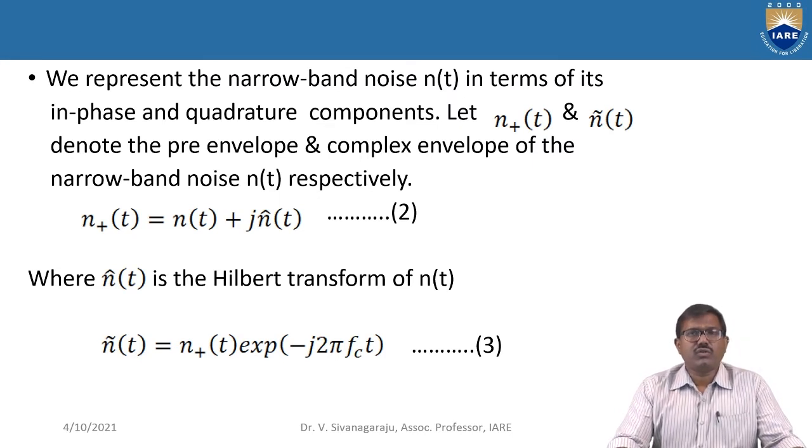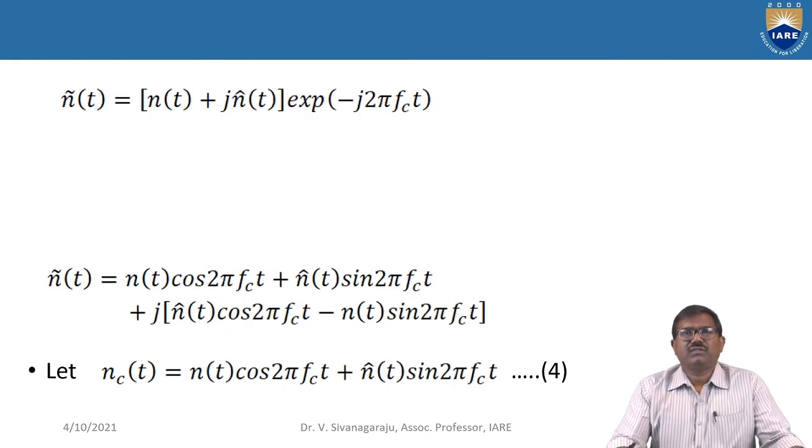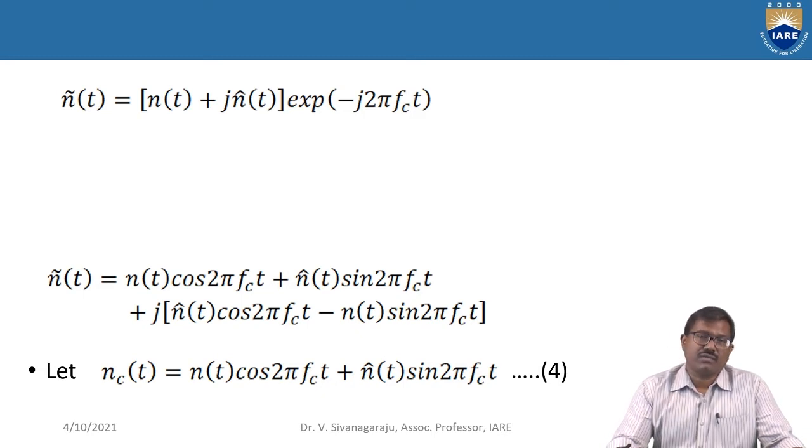Now for this we are going to substitute n plus of t in the third equation. So that is n tilde of t. What is n tilde of t? That is the complex envelope of the narrowband noise, which is equal to N of t plus j n cap of t into exponential minus j 2 pi f c t.